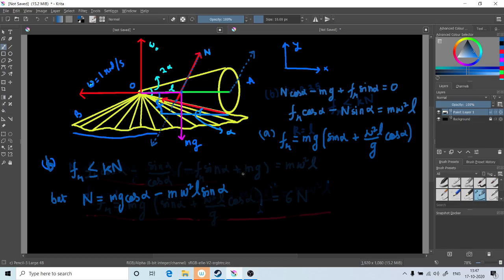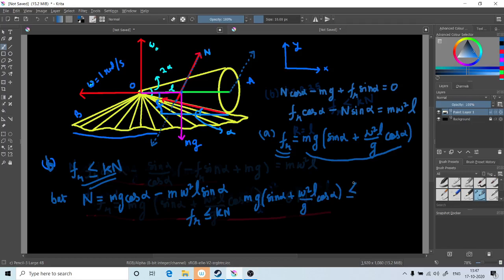Now putting it in the condition, the value of static friction is less than or equal to Kn, so mg sin alpha plus omega square L by g cos alpha is less than or equal to k times mg cos alpha minus m omega square L sin alpha.